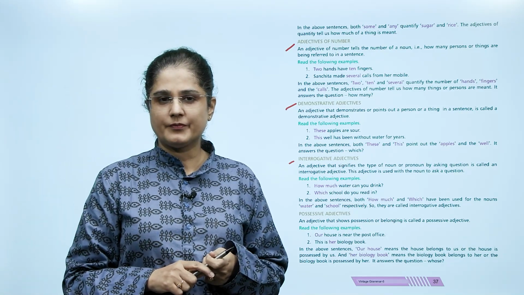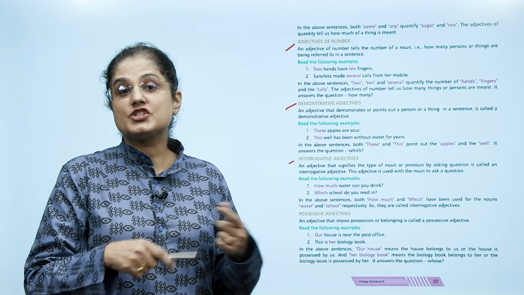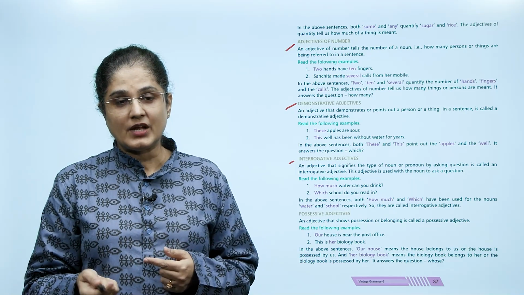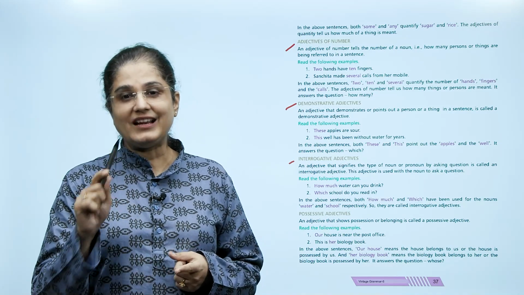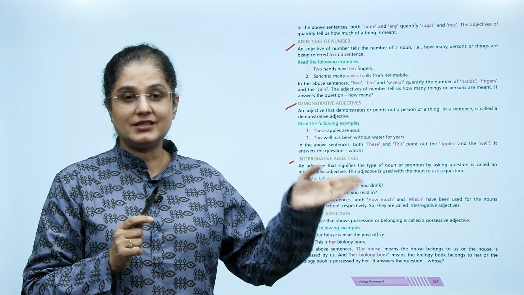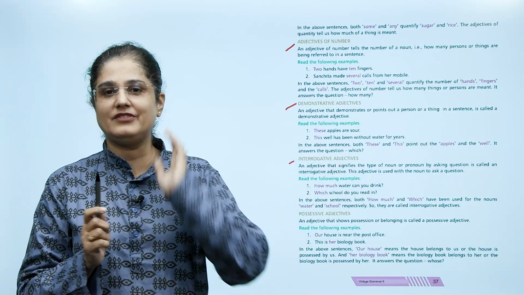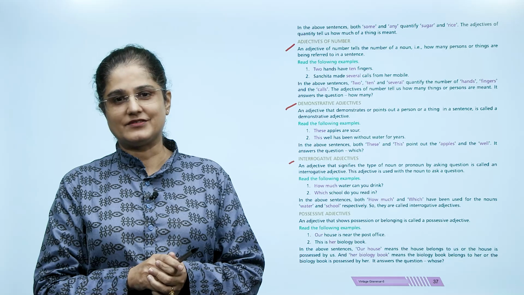For example, how much water can you drink? Which school do you read in? Now in these sentences, both how much and which have been used for the nouns water and school respectively. So they are called interrogative adjectives.